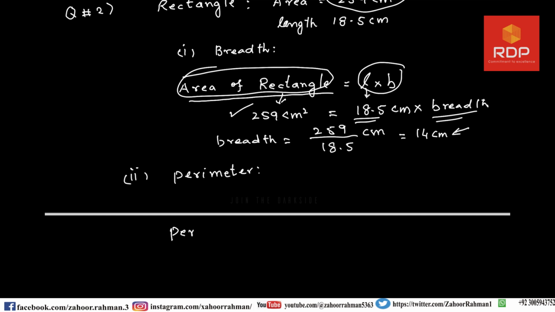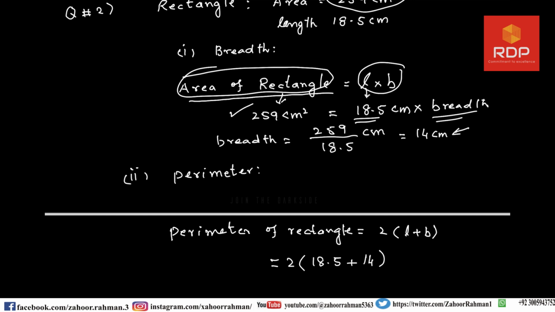You know that perimeter of a rectangle is equal to 2 into L plus breadth. So length is given to us, 18.5, plus breadth, we found that 14 centimeter.